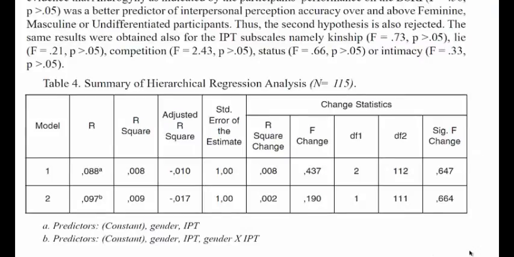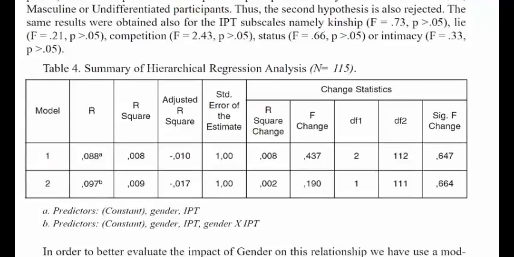The question asked, review Table 4 and determine if Model 1 and Model 2 are statistically significant. If you look at Model 1, you'll see that it's 0.647, which is greater than 0.05, so that's not statistically significant. And Model 2 also is not statistically significant. So those are the answers to the practice, and hopefully you got all those correct.